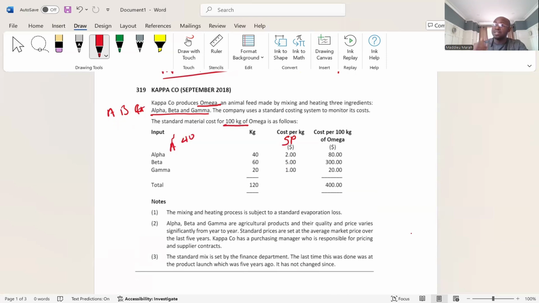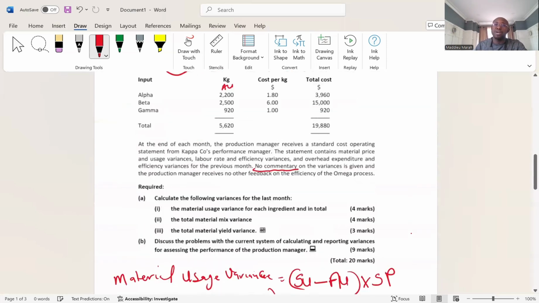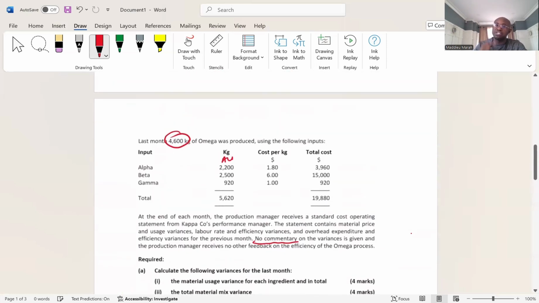The information below is from 100 kg of omega. So I'll take 40 divided by 100 for alpha, multiplied by actual production. Standard usage will go with actual production, don't forget that. My actual production: last month, 4,600 kg of omega was produced.